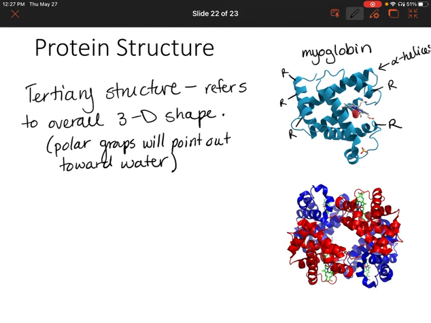And then nonpolar groups are going to kind of arrange themselves inward so that they're not interacting with water.